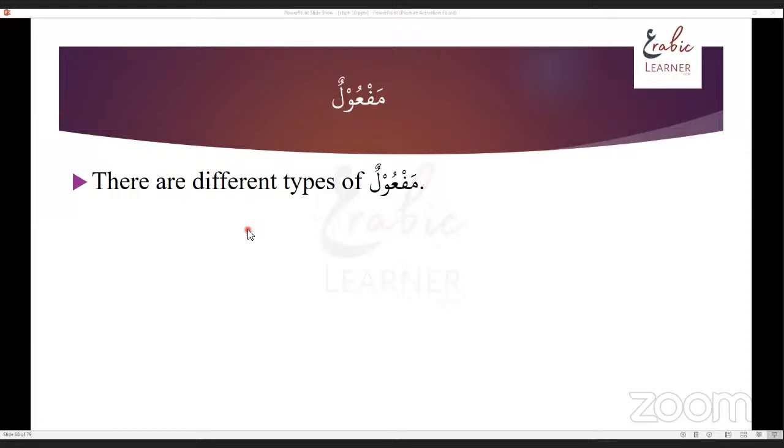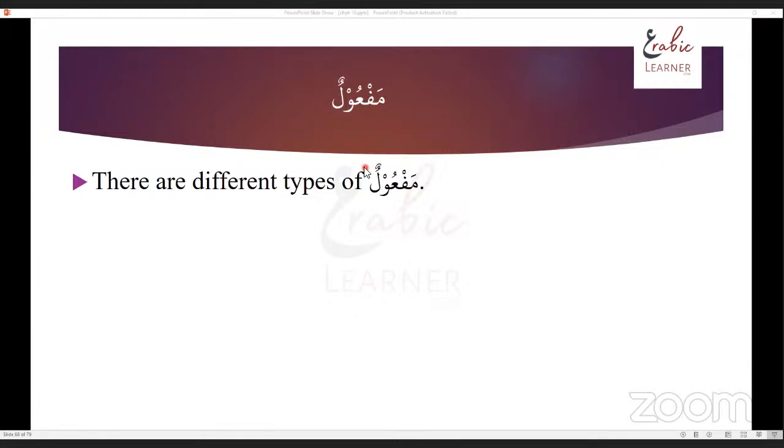Now, I told you about 4 things when it comes to Jumla Fi'liyah. Jumla Fi'liyah has fi'l, which is the action, and fa'il, which is the doer of the action. Maf'ul is an extra detail in the sentence.